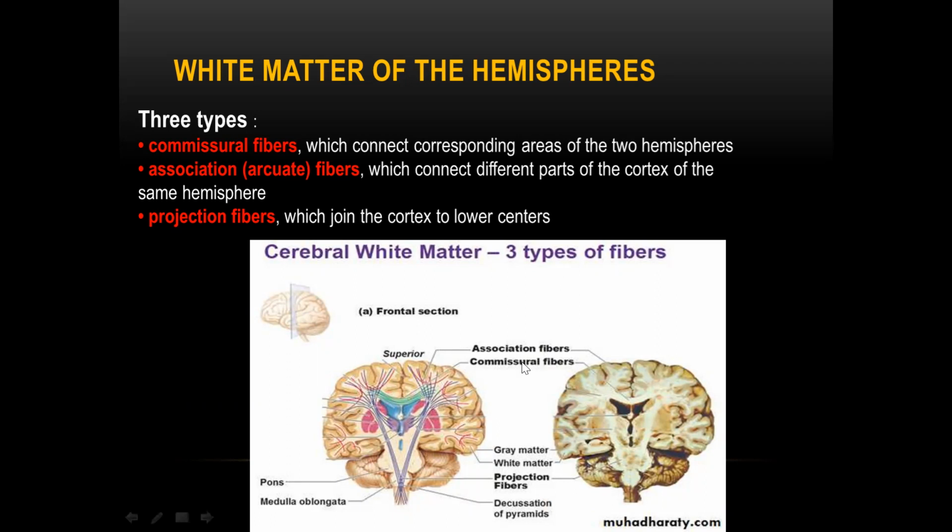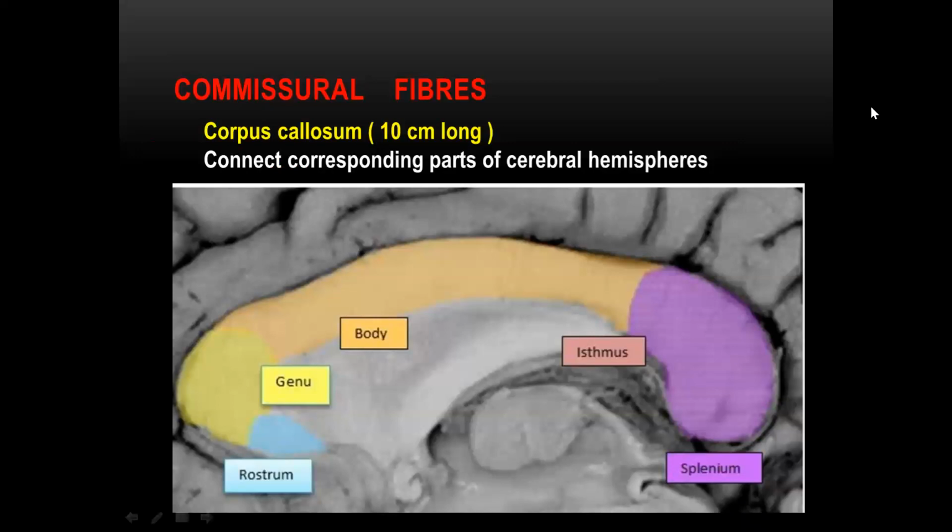So the commissural fibers connect the corresponding parts of the 2 cerebral hemispheres, the projection fibers descend from the cerebral hemispheres down, and the association fibers connect areas of the same cerebral hemisphere. Now we start with the commissural fibers.